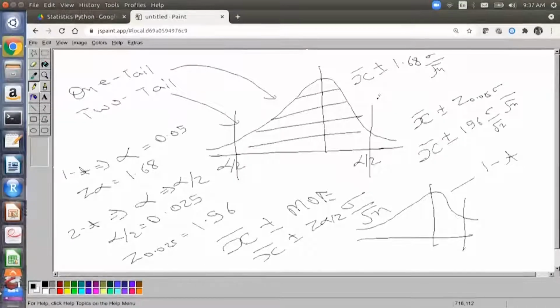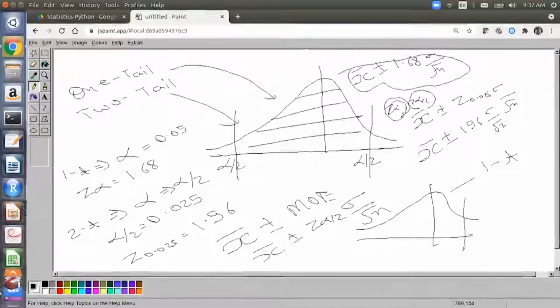Apart from one-tail and two-tail, at least this interval estimate formula should be clear to everyone. The only thing is that we need to replace Z alpha and Z alpha by 2, and we will discuss this in the hypothesis testing class. This concept will come in hypothesis testing. I will not be able to explain it in today's class or tomorrow's class, because I need to clear a few concepts before moving into this area.